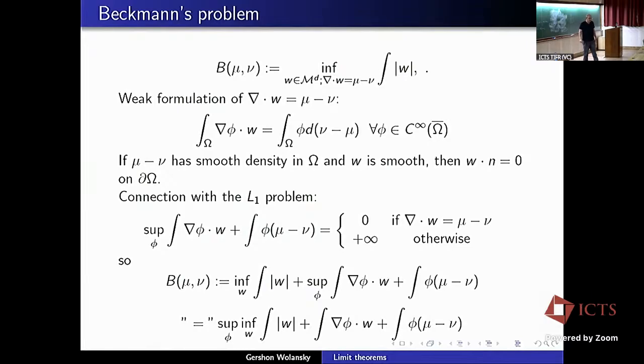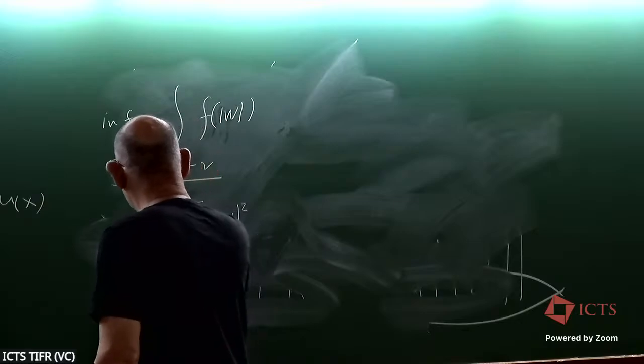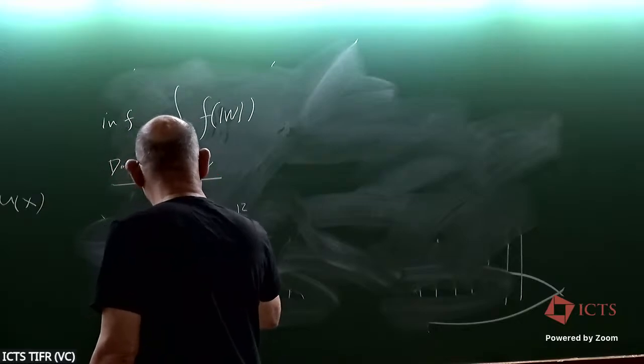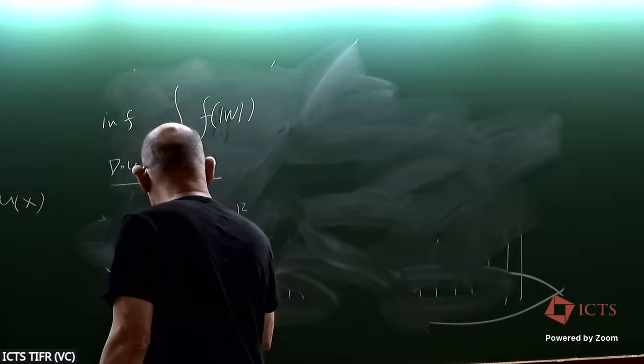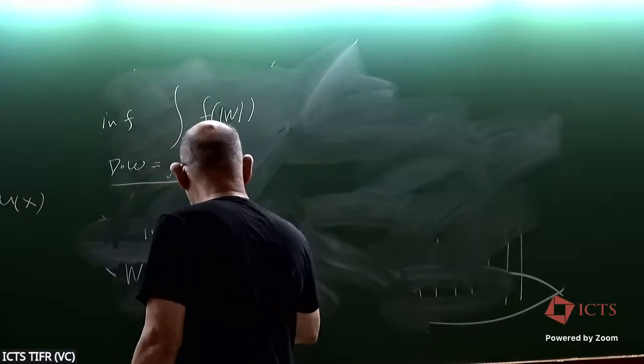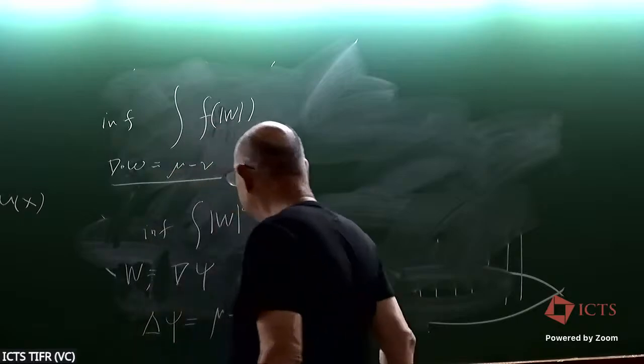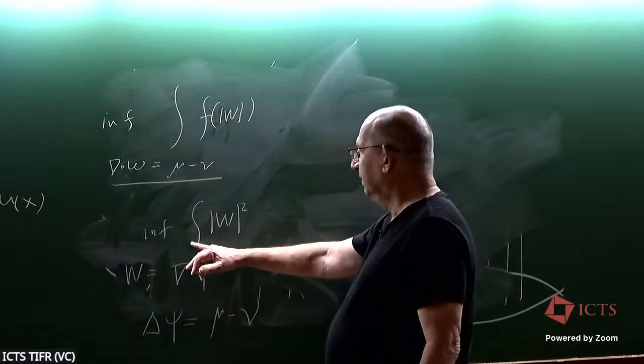In fact, it turns out that this infimum is solvable by a Poisson problem. W will be the gradient of some function psi, where psi is the solution of the Poisson problem for the Laplacian. So this will be the solution in this case.